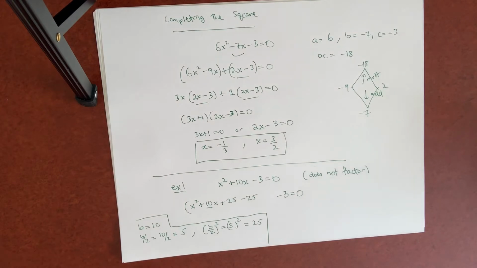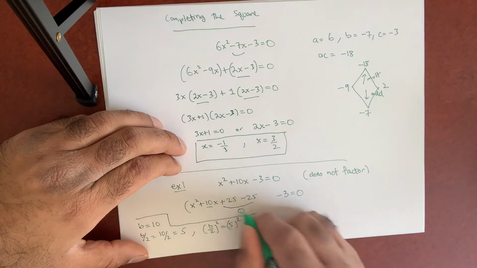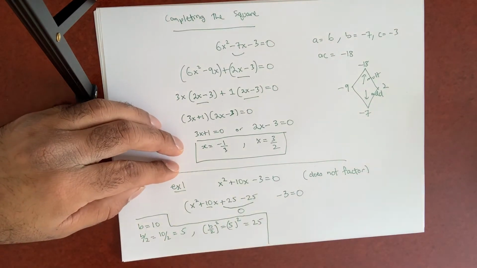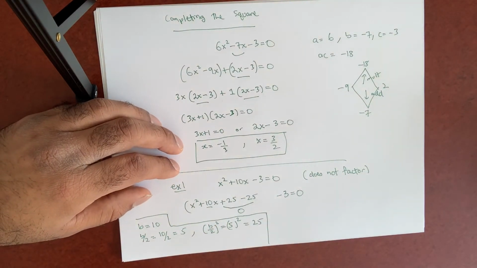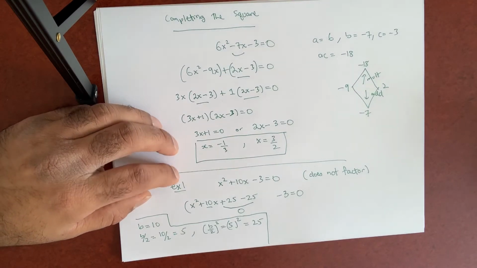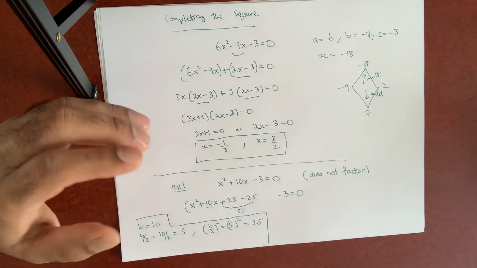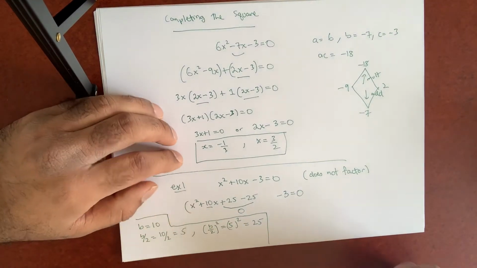Now you might think, okay, well, why should we do that? Well, first off, if we do that, the end product is adding 0, and we don't want to change the problem. So you're adding 0.